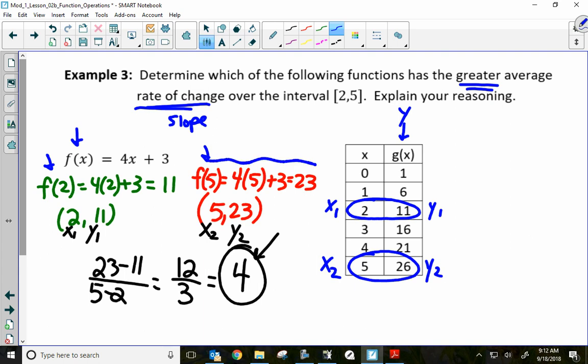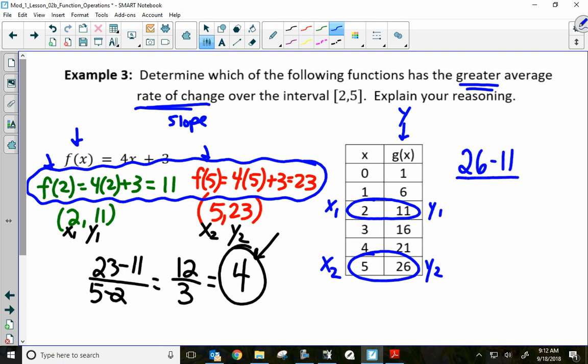We don't have to do any of this calculation because they gave it to us in the table. Let's go. 26 minus 11 over 5 minus 2. That is 15 over 3. And if I do that division right, that's 5.